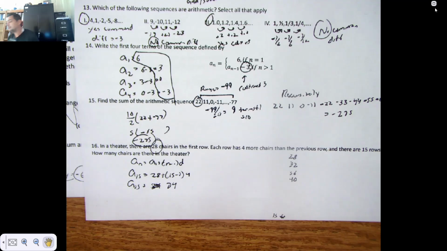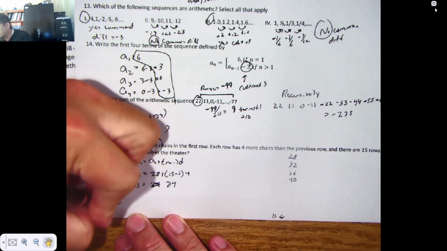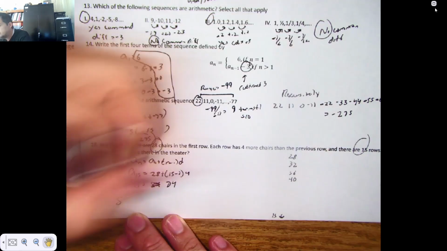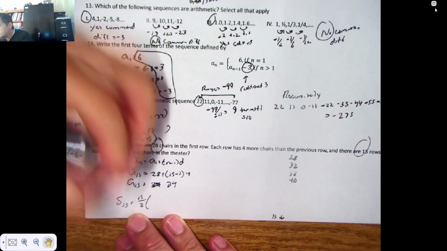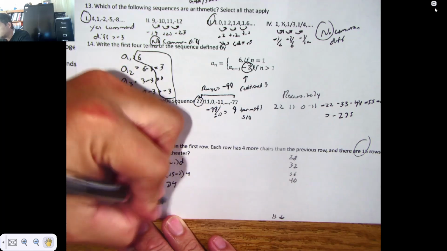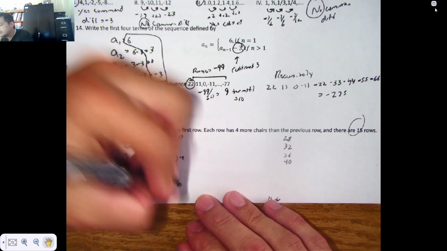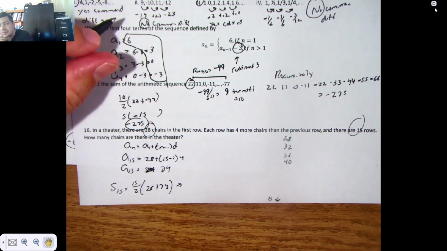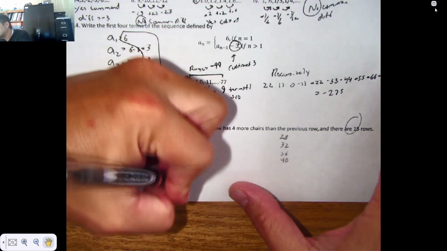Anyways, time to use a formula. There are 15 rows, so the sum of 15 is 15 over 2. First row is 28. Last one is 74. Crank out the math here. You can use a calculator if you want. Just be careful about calculators. 74 and 28 should be 102.